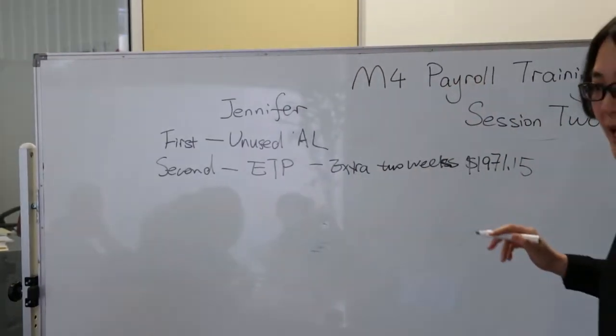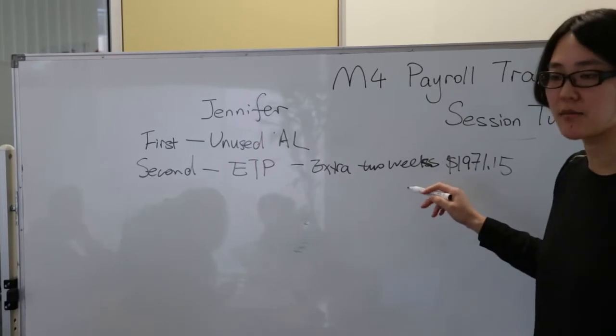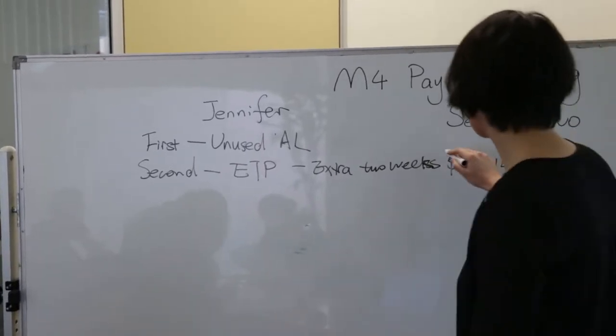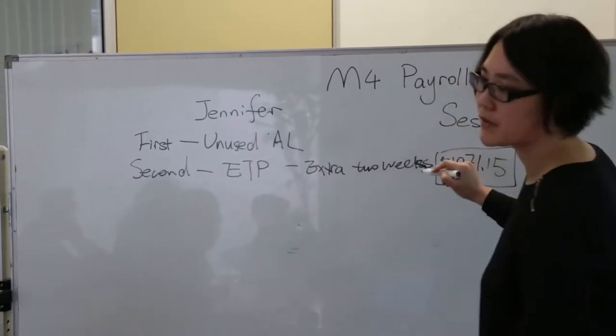So the company decided to pay her 2 extra weeks pay. So the total number is 1971.15.